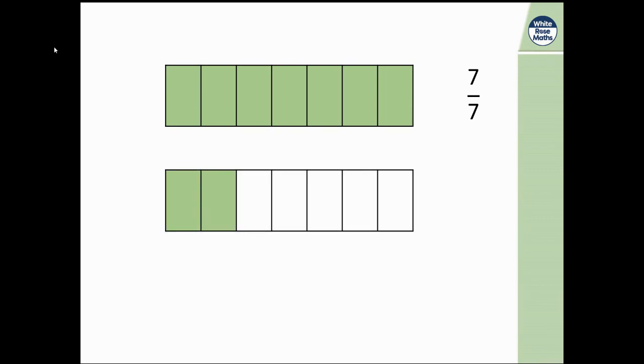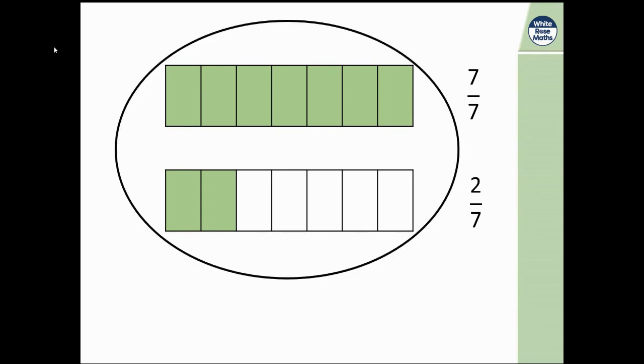Then underneath we can see another bar model, but this time how many pieces are highlighted? Again, it's sevenths. Yes, 2/7. So we've got 7/7 and we've got 2/7. And if we take them as a whole, we say there are 9/7 altogether. And that is a number bigger than 1.